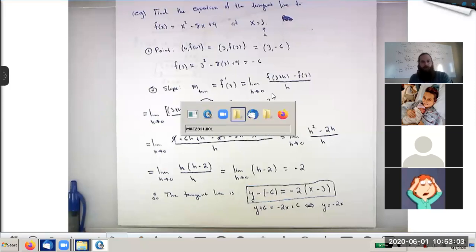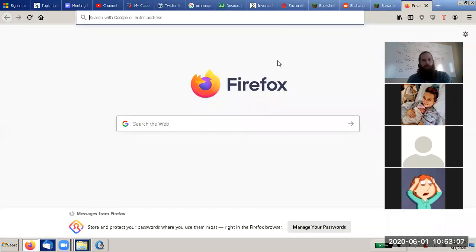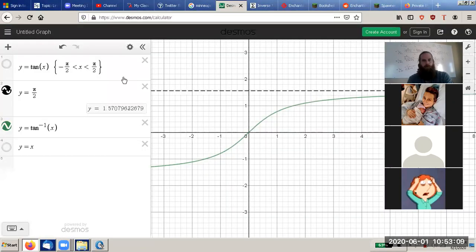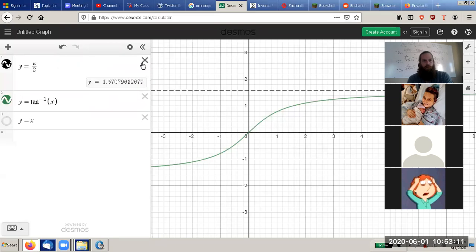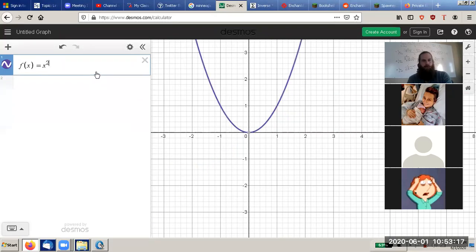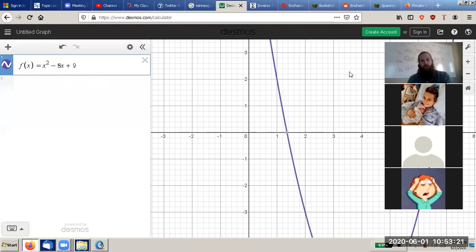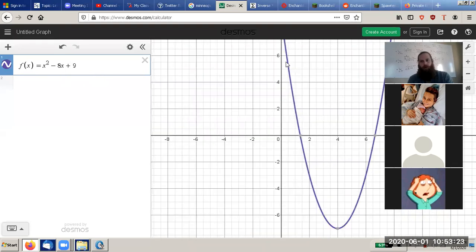So let me tab over to Desmos. Oh, I already have a Desmos tab here. Get rid of these things. We're not playing with those right now. Zoom out to get the right scale.